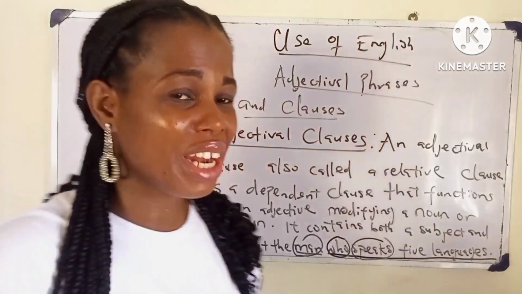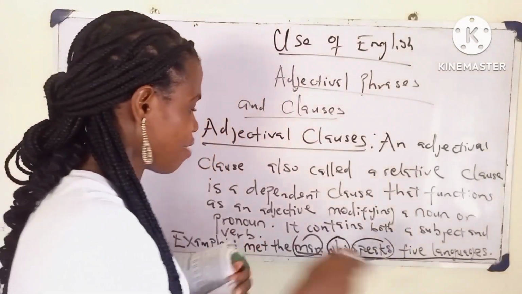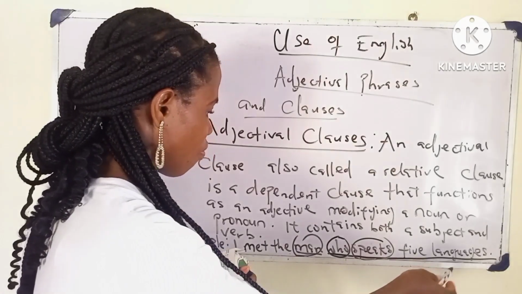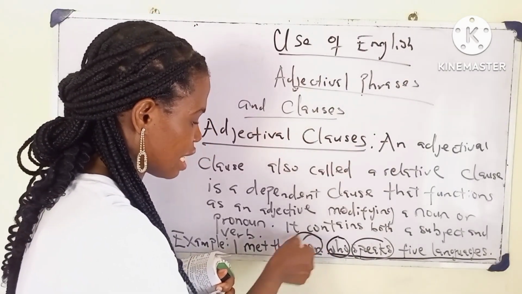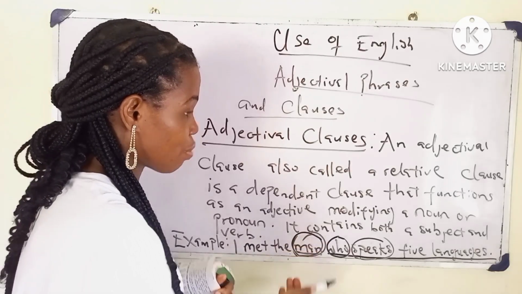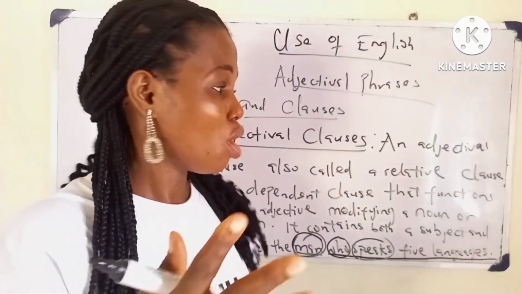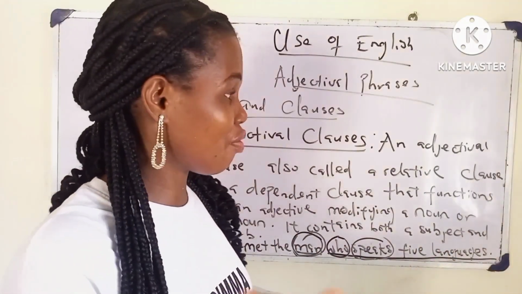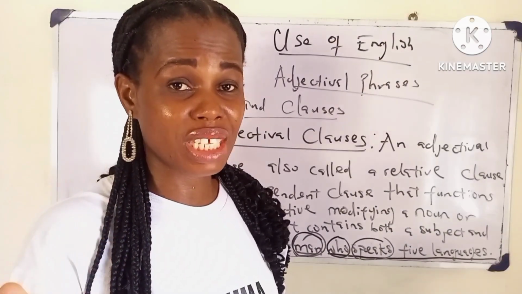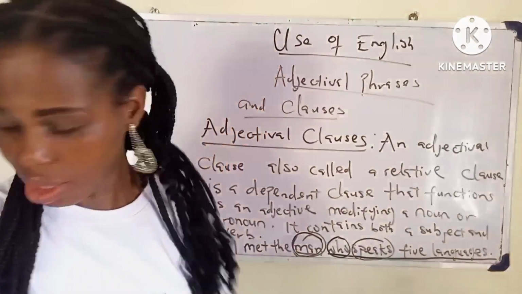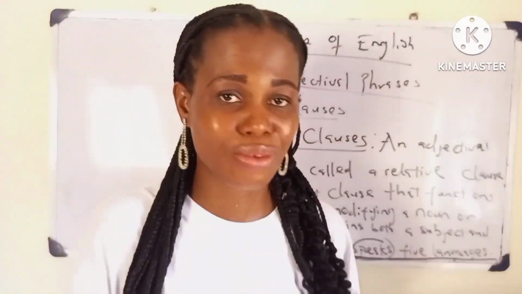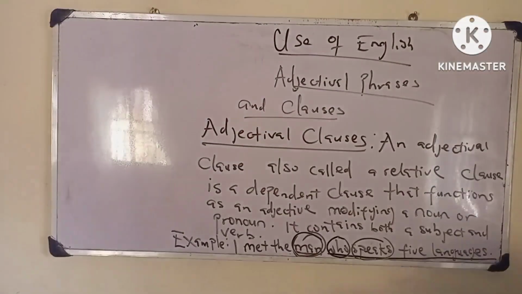Just like we have here, the man who speaks five languages: who speaks five languages comes after the noun it is describing, which is man. So that is it about adjectival phrases and clauses. It's time for us to answer some questions from past questions.